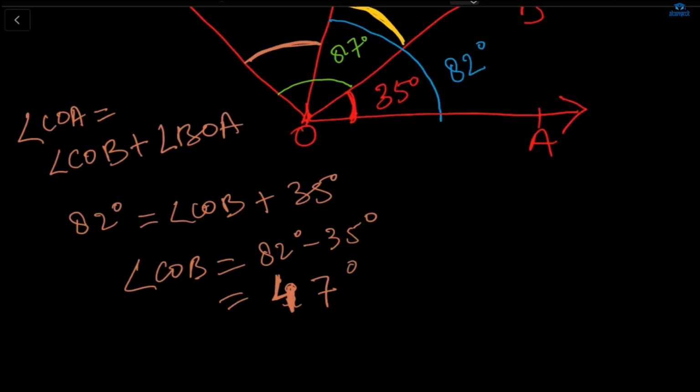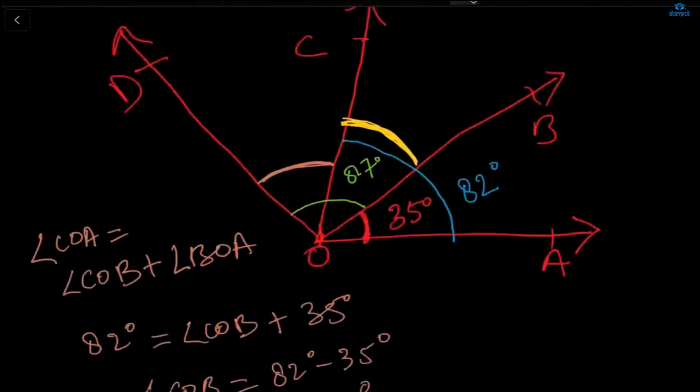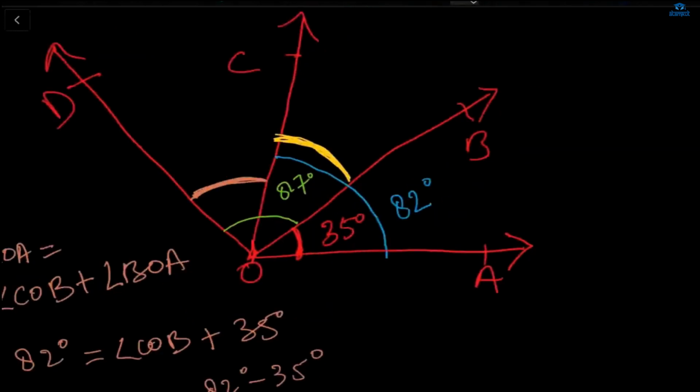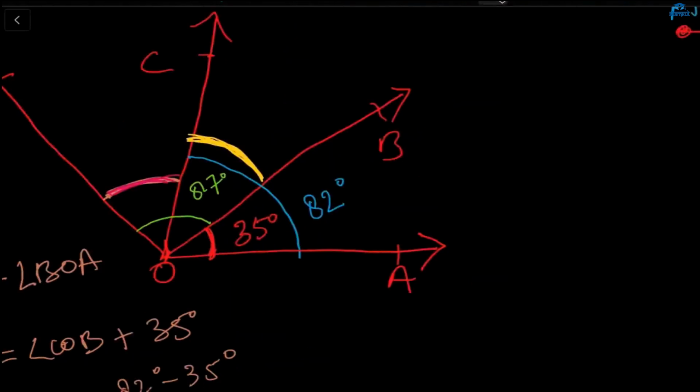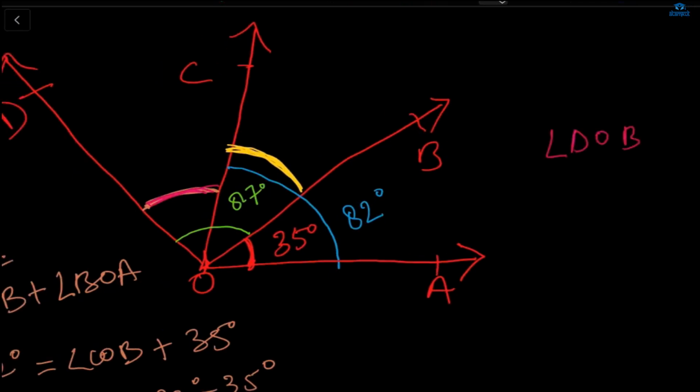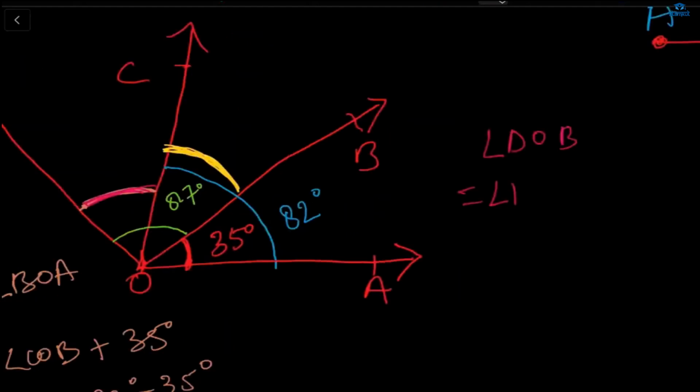Now the next angle you have to find out is this one. I'm writing with a different color. Now, DOB is given, or not? DOB is equal to angle DOC plus angle COB.